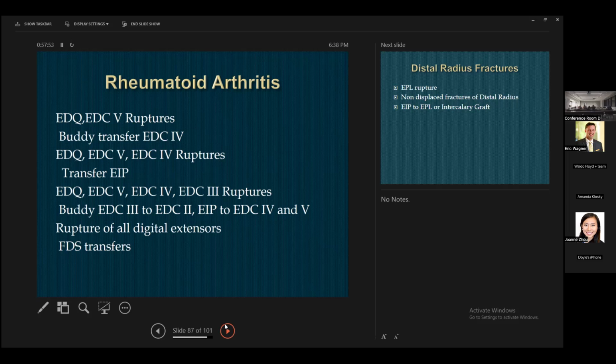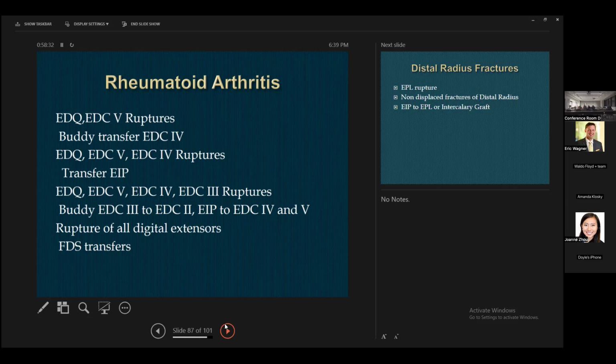If the 5th and 4th EDCs and the EDQ are out, essentially these two are dropped, you can't just take a single tendon from the middle and navigate all three of these fingers, because it doesn't have the force or the cross-sectional area to do that. Your only good option is to transfer your EIP, because it has enough cross-sectional area that it can power two fingers. Can't power three, and that's part of the issue. That's right.